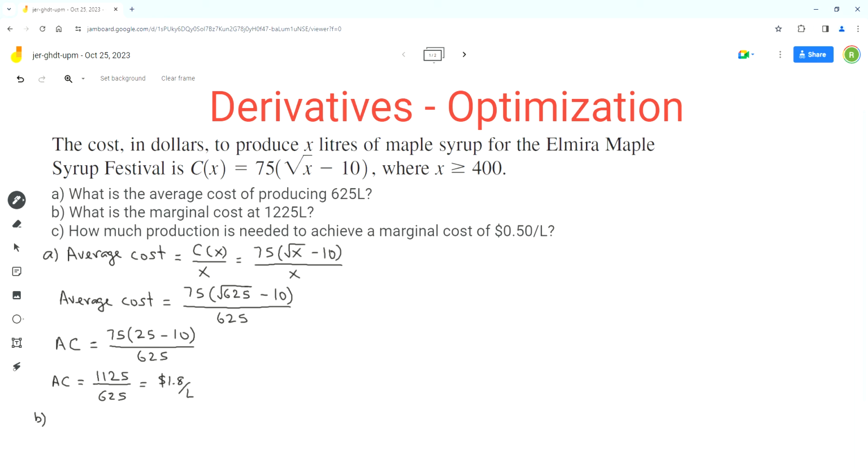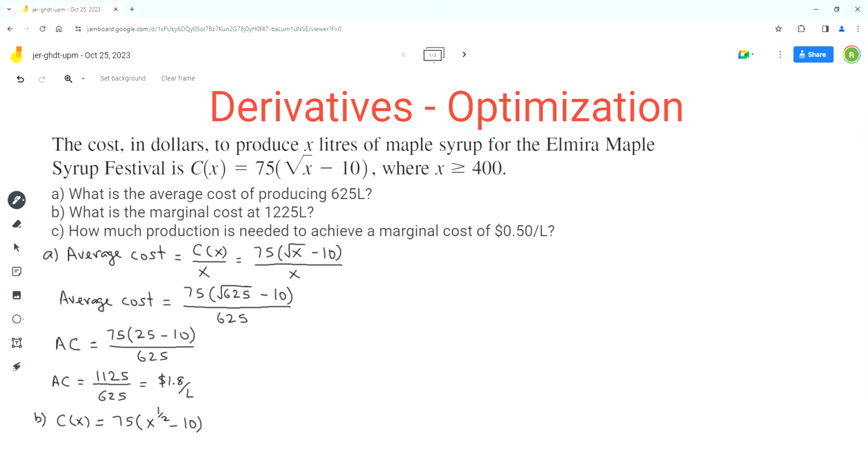Now in the C(x) function, we have the square root of x. In order to make it easy to find the derivative, we should change the radical to a rational exponent. So we can rewrite the cost function as C(x) equals 75 times (x exponent half minus 10).